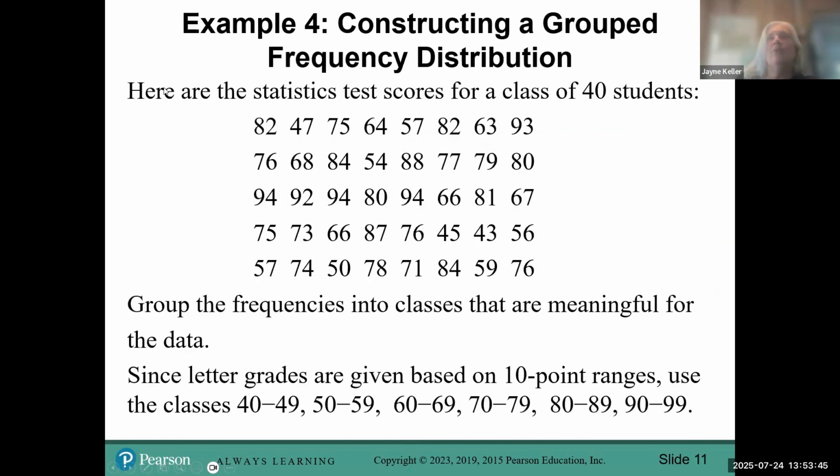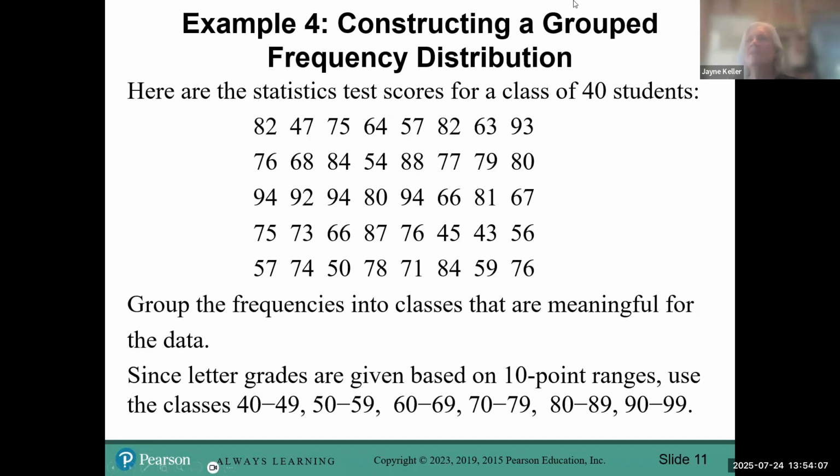Here's another example, and this is statistics test scores for a class of 40 students, okay? And in this example, instead of counting how many got each score, I'm going to group them into classes. And this is better when we have a big range like this. So in the previous example, the ages only went from 10 to 18.